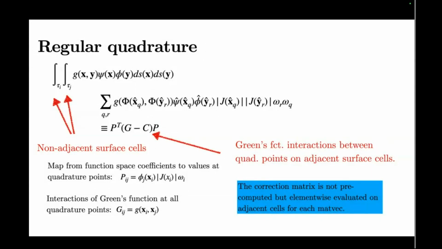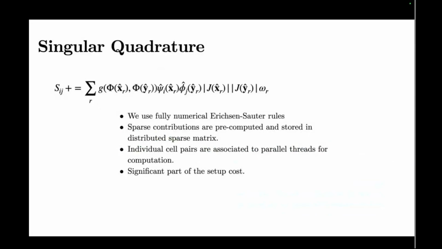Okay, so in our Rust implementation, we have to deal with these sparse matrices. We have to do something for the G. We have to do the corrections and so on. Now for the singular quadrature, at the end, we have to add on the correct quadrature rules for the nearby interactions, and we do this as well. There we use so-called fully numerical Erichsen-Sauter rules, and these are also highly sparse contributions, and these are pre-computed.